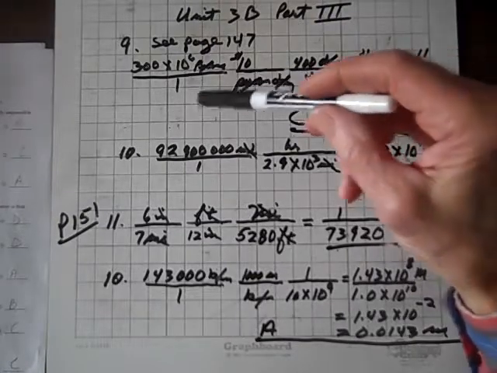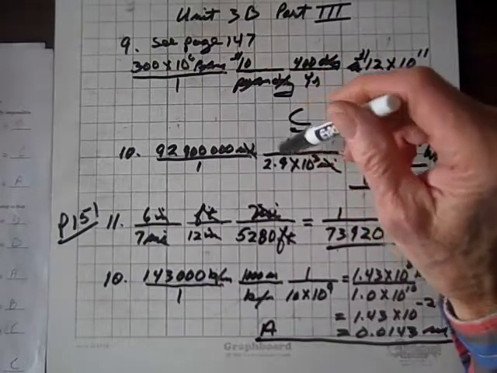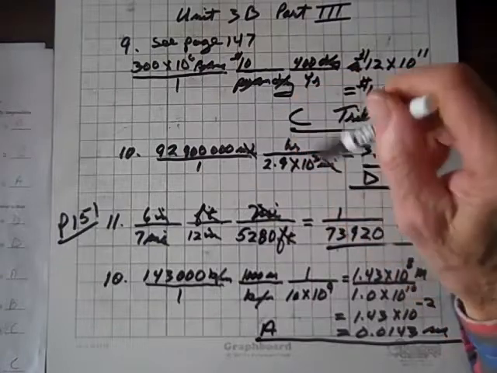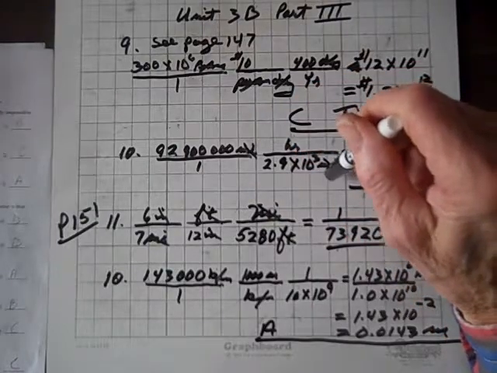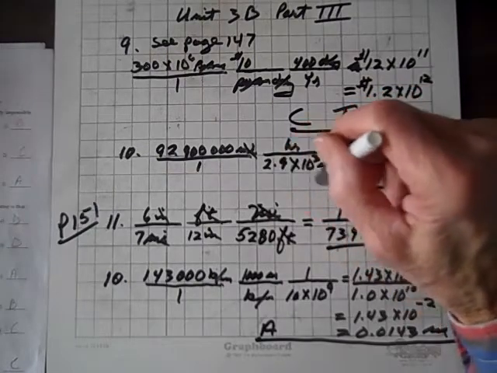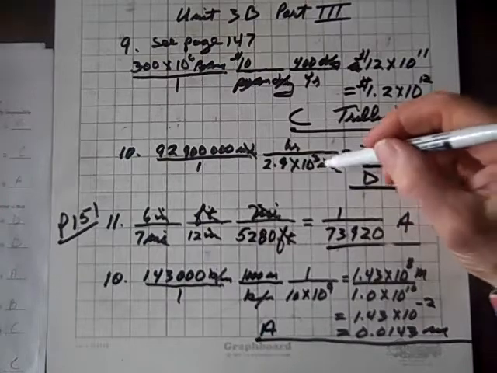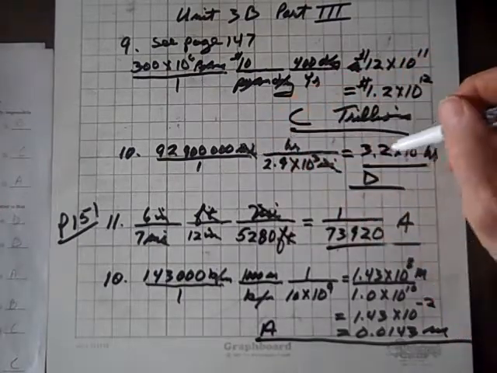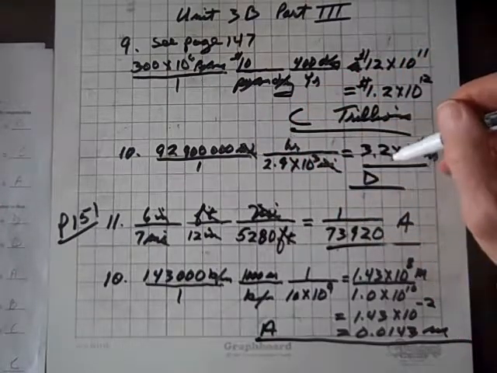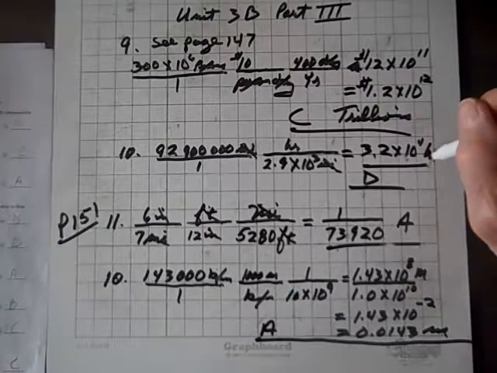And I get, using dimensional analysis and writing the distance to the Sun and the rate of speed, and when we divide, we invert and multiply, so the miles go downstairs, the hours upstairs, and now the miles divide out. We're left with hours, and when we carry out this quotient, we get 3.2 times 10 to the 4th hours.